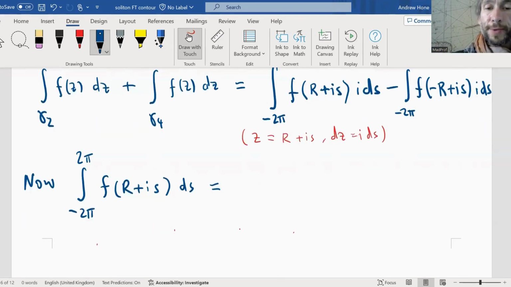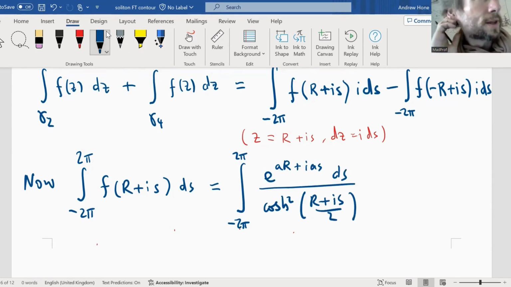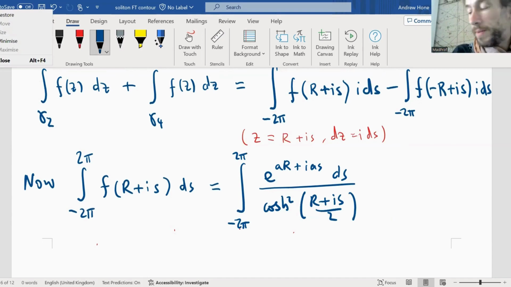So let's write this out. It's the integral from minus 2 pi to pi. Okay. So what I want to show is that this tends to 0 when R goes to infinity.